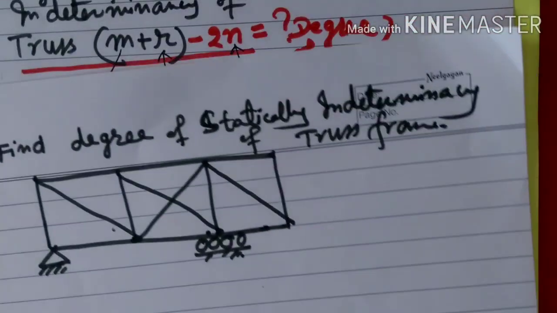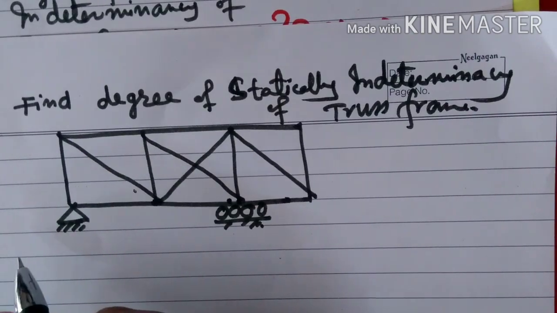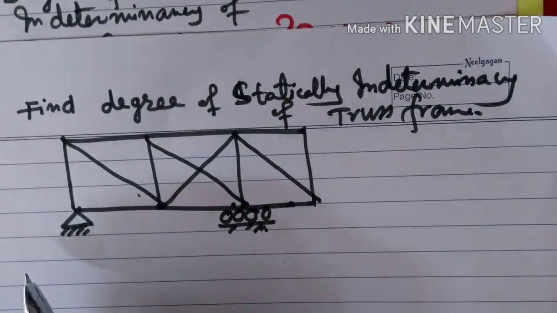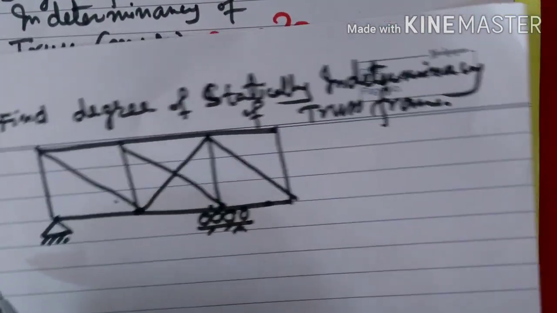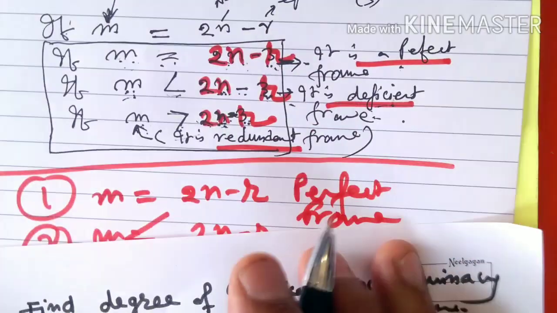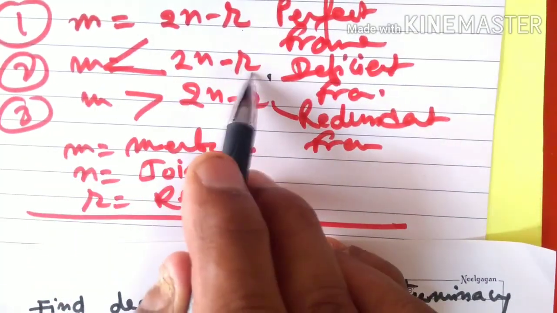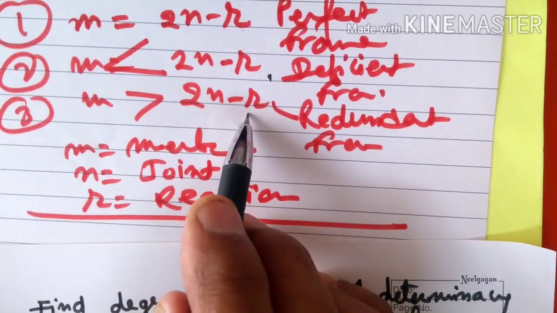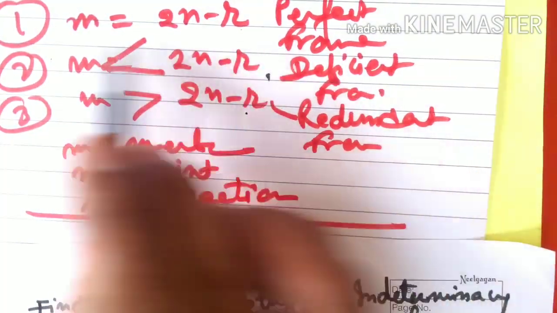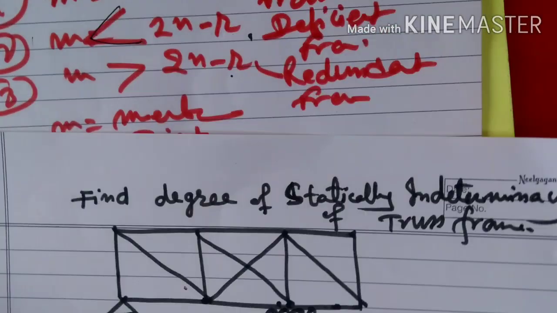See another example. Let us examine this. Here for this example, just remember this formula: M equal to 2N minus R, M less than 2N minus R, M greater than 2N minus R. I already explained the conditions for it. So just calculate.